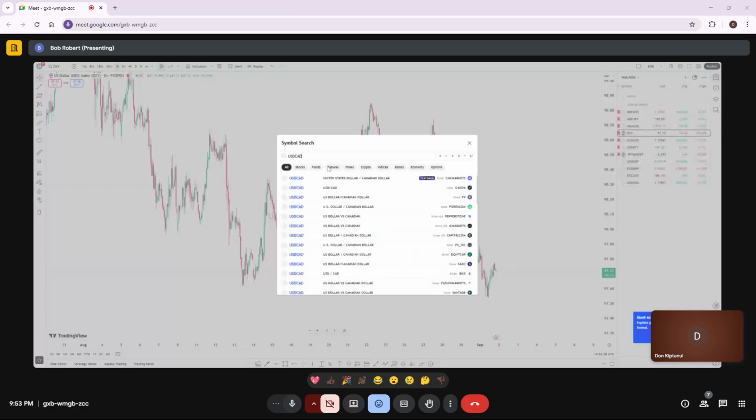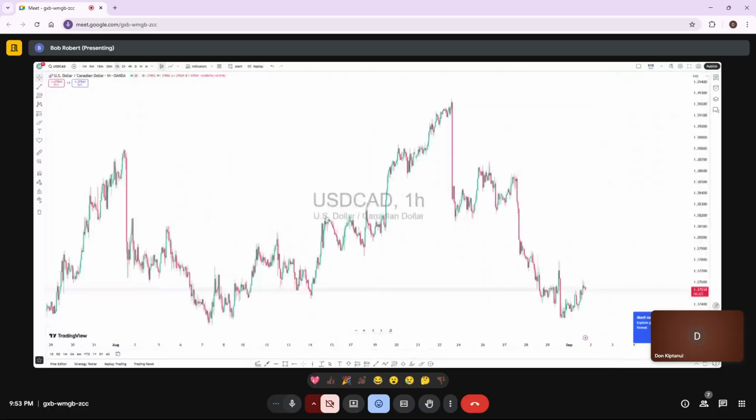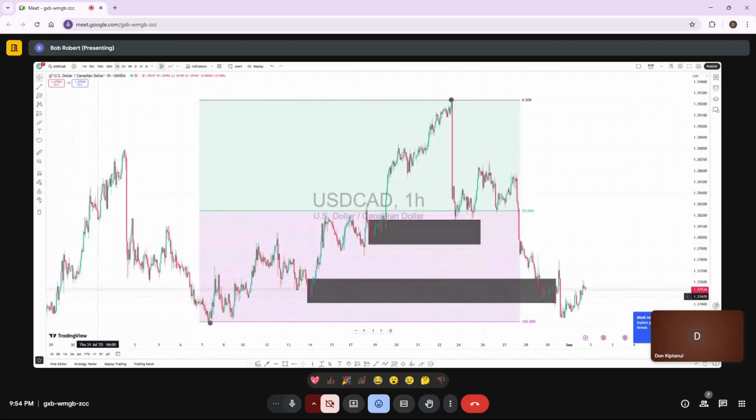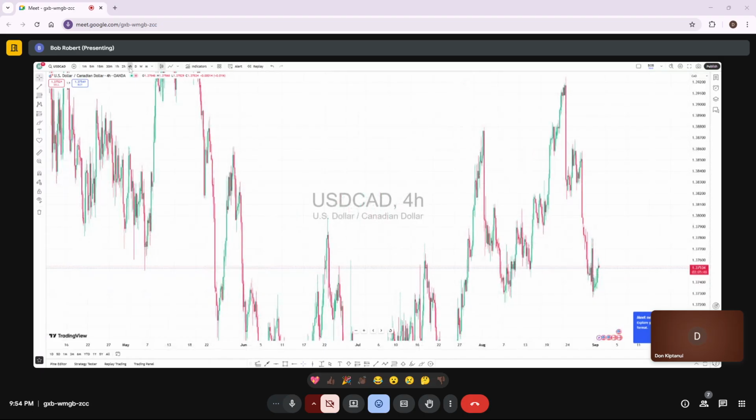Right. So let's check this example. I guess it's the one that we used the other time, the same example. I mean we used this pair, but no problem.